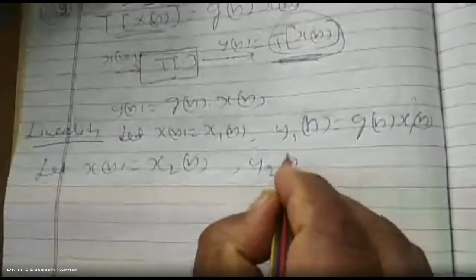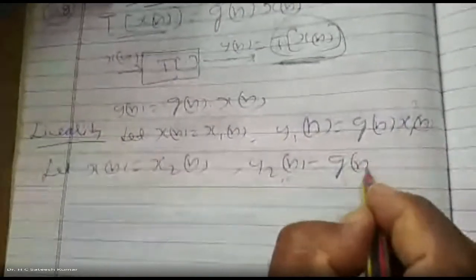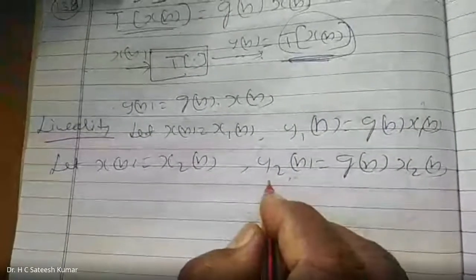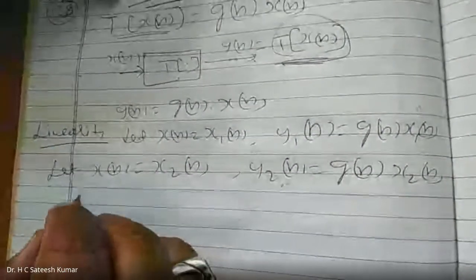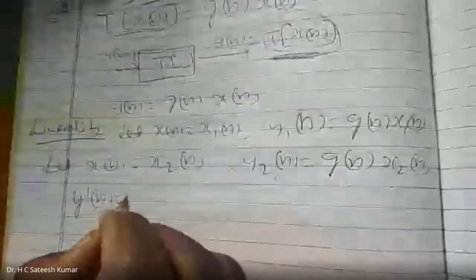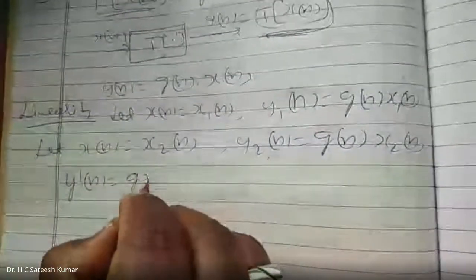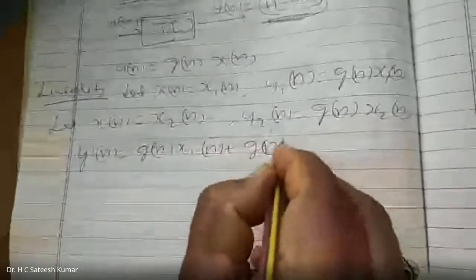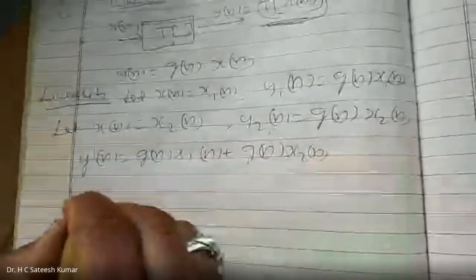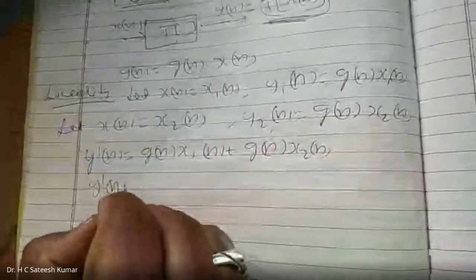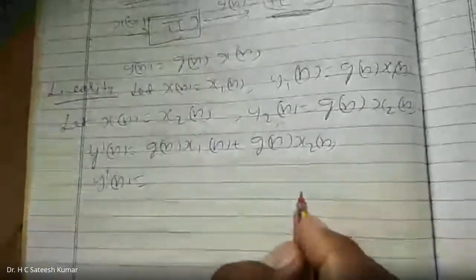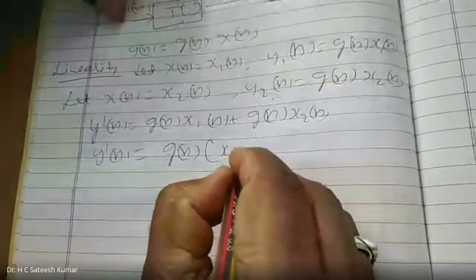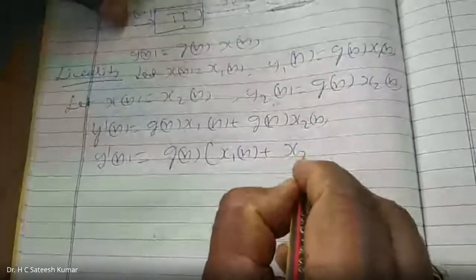Then y2 of n is equal to g of n into x2 of n. So y dash of n is equal to, adding both of them, g of n into x1 of n plus g of n into x2 of n. Taking g of n outside, y dash of n is equal to g of n into x1 of n plus x2 of n.